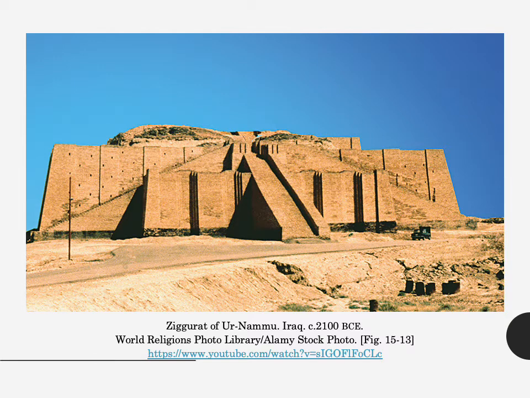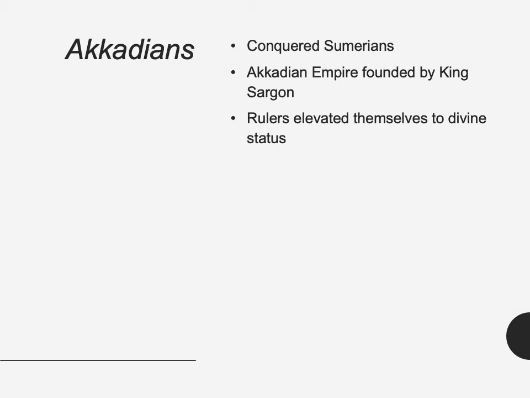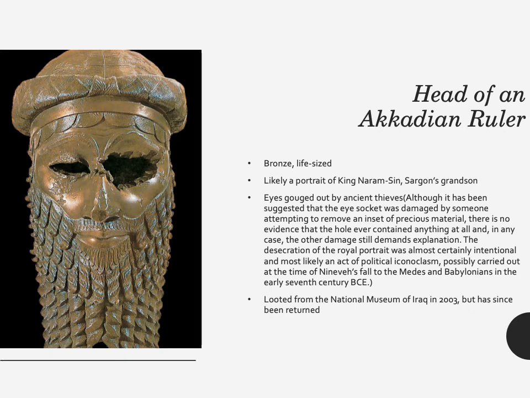And after that, we look at the next government that ruled Mesopotamia and conquered the Sumerians. When you look at the head of an Akkadian ruler, you can see that the art is getting more realistic again.